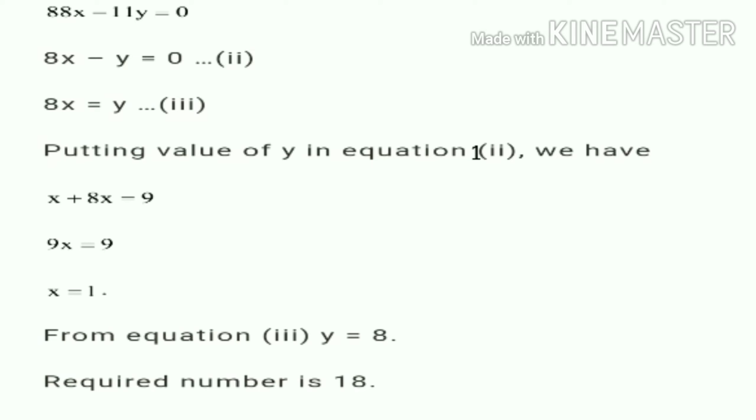Now we will check the answer, to see whether it is right. The question was saying that the sum of digits is 9. We can check: 1 plus 8 is 9, okay. Now it was saying 9 times the number, and reversing the digits 2 times. 9 times the number, 18 into 9, what will come? 162.